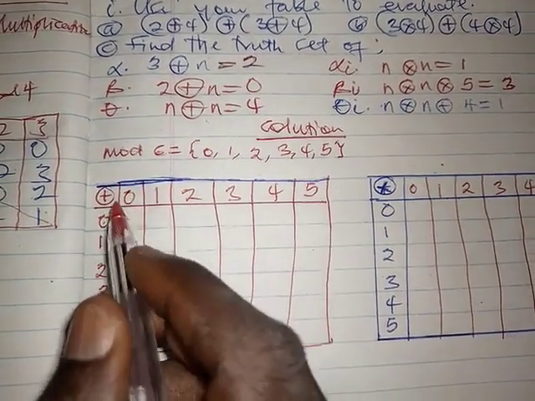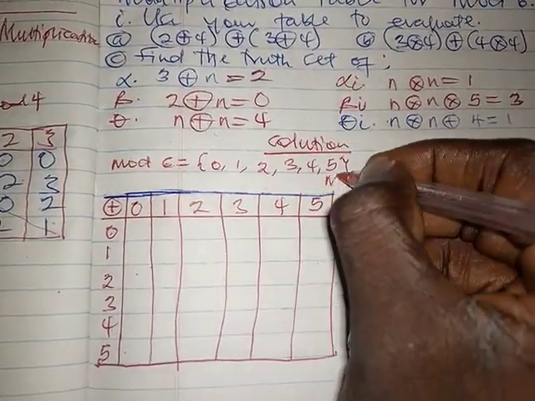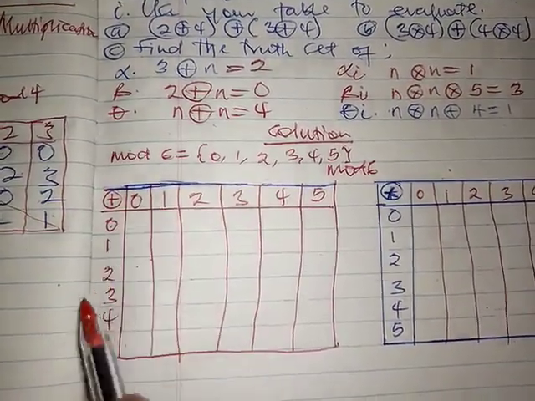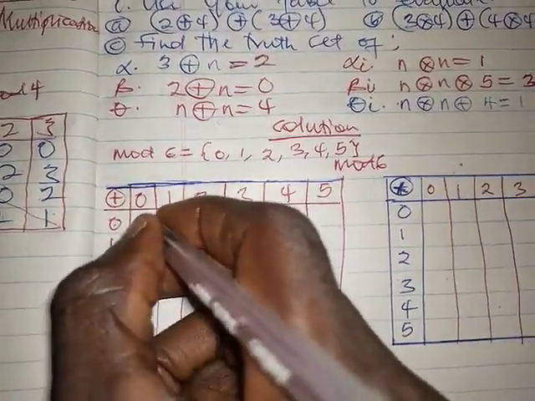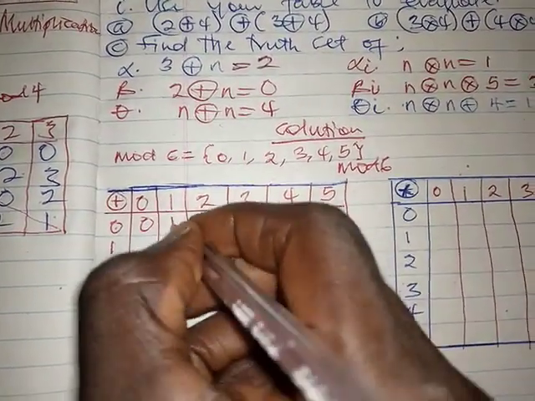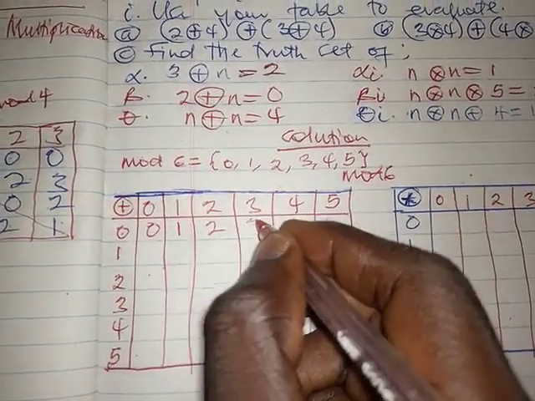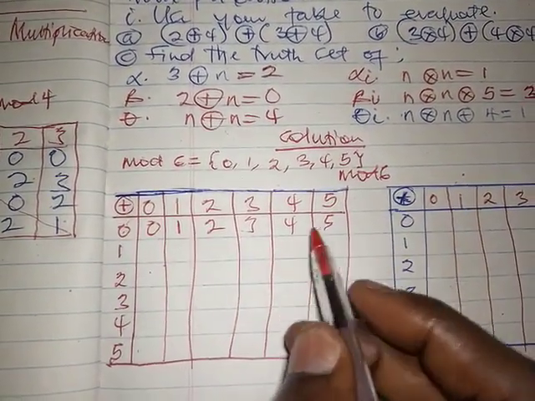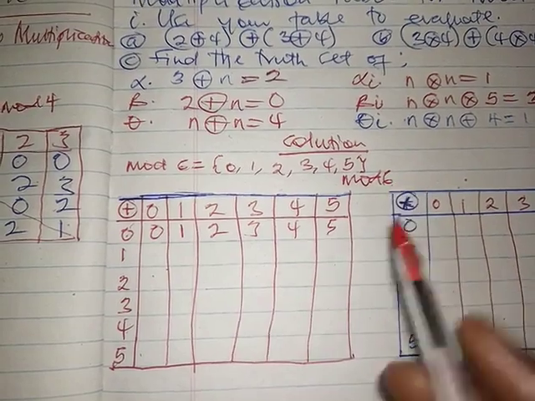So 0 plus 0 is 0. We are working under mod 6 for these two tables. So 0 under mod 6, we have 0, 0 plus 1, so we have 1, 2, 3, 4, 5. Because 0 plus any number here will give us an answer that's less than 6.